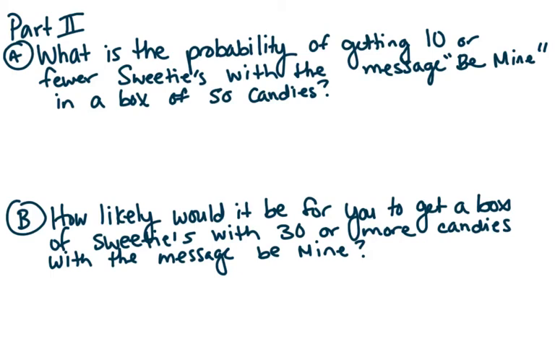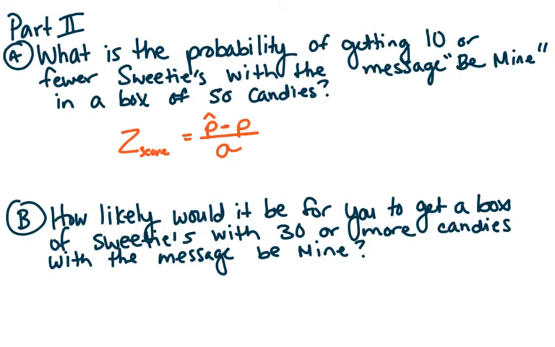So to find your z-score, for these, you're going to do p hat minus your population proportion over your population standard deviation.